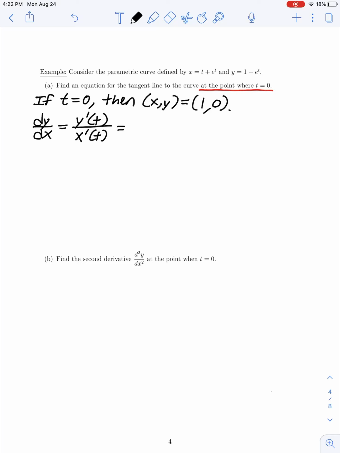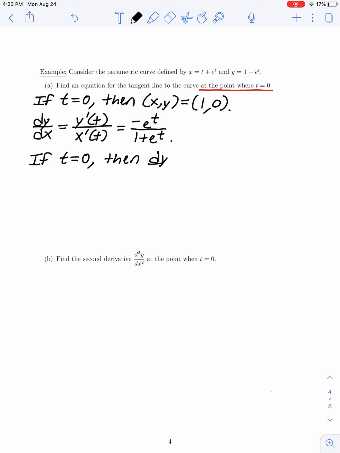So our numerator, y prime, is negative e to the t, and our denominator, x prime, would be 1 plus e to the t. All right. Now we're interested in the derivative at a particular point, namely the point where t is equal to 0.